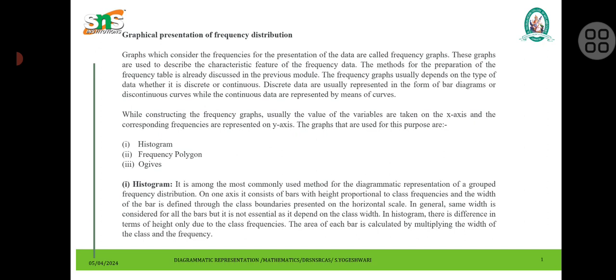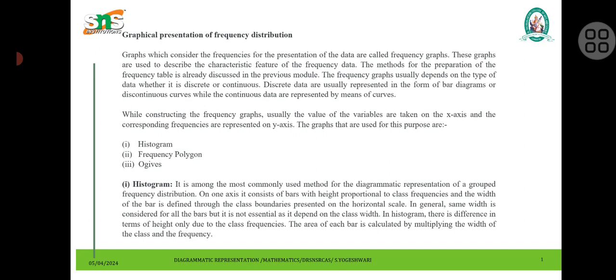The histogram is among the most commonly used methods for the diagrammatic representation of grouped frequency distribution. It consists of bars with heights proportional to class frequencies, and the width of each bar is defined through the class boundaries presented on the horizontal scale.